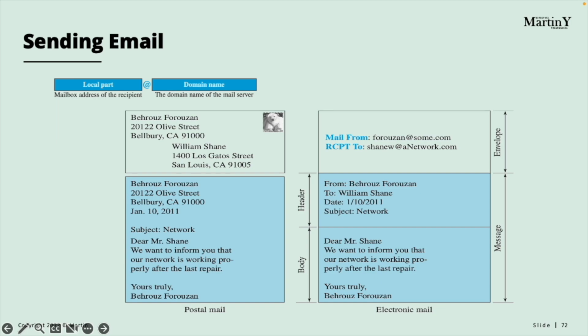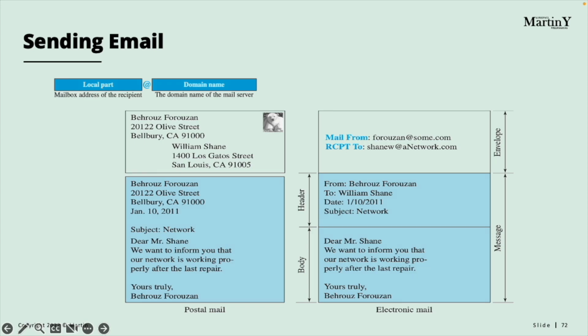Here on the figure below, you can get some idea and some comparison between a normal postal mail and an electronic mail. As you can see, they are pretty similar. Firstly, we have the envelope, which you can also have as a digital envelope, that has the sender address and the receiver address, just like in the real world.